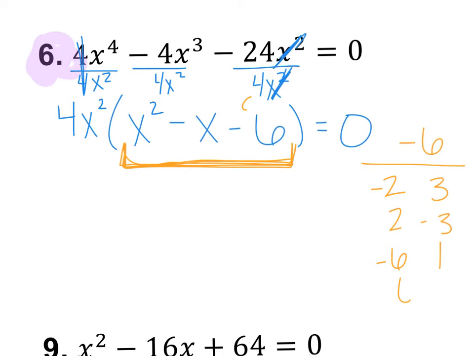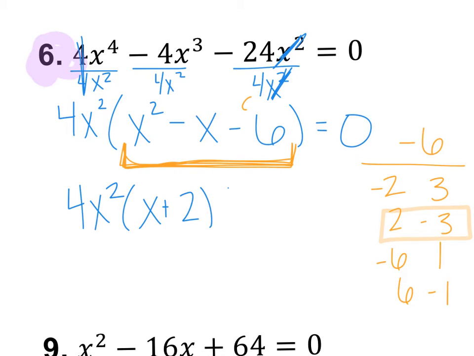Once again, one of them has to be negative. Okay. Do any of these so far add to a negative 1? Which one? 2. Good. 2 and negative 3. All right, so if I were to rewrite this, I would get 4x squared, x plus 2, x minus 3. I drop down my equals 0. Is everybody with me on that one?